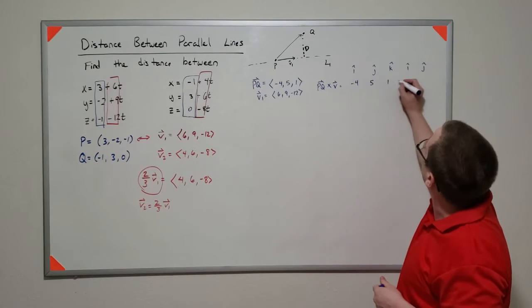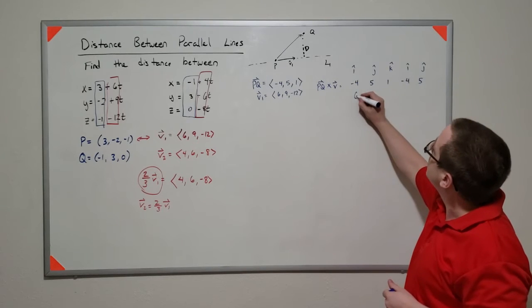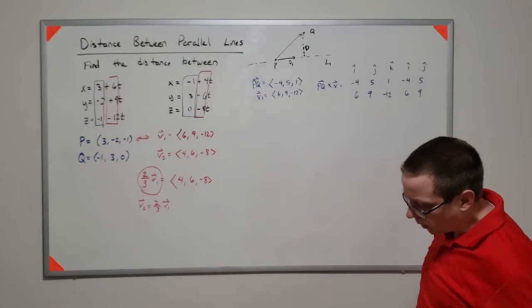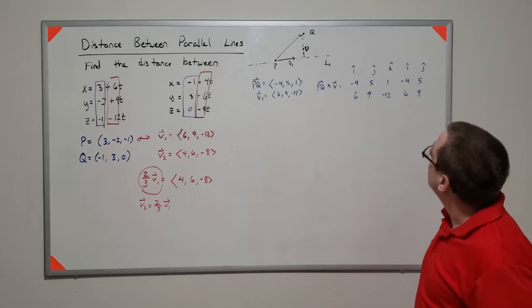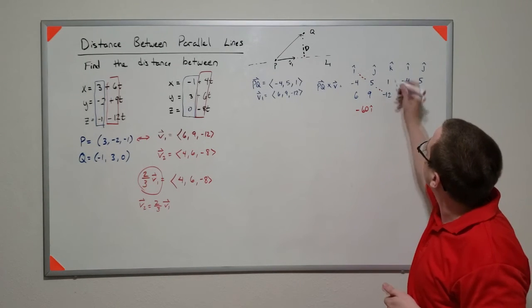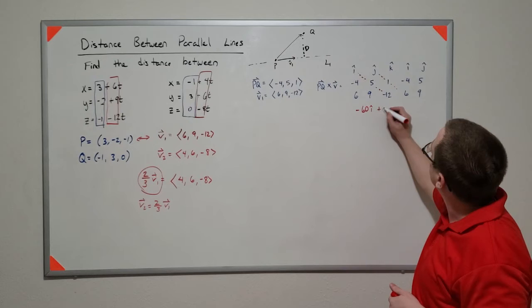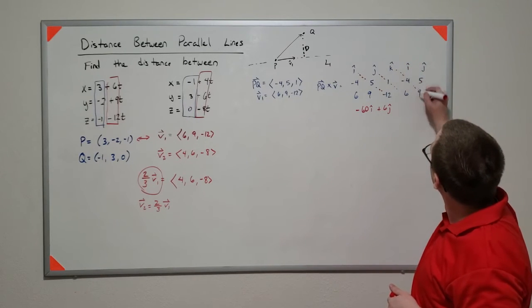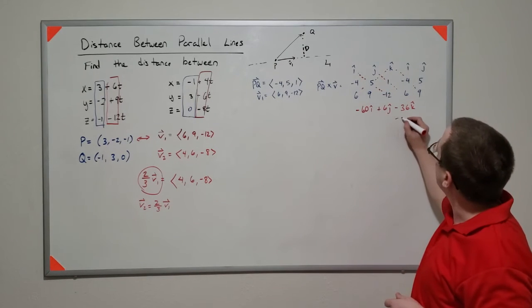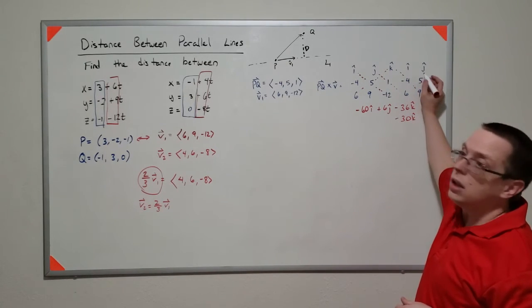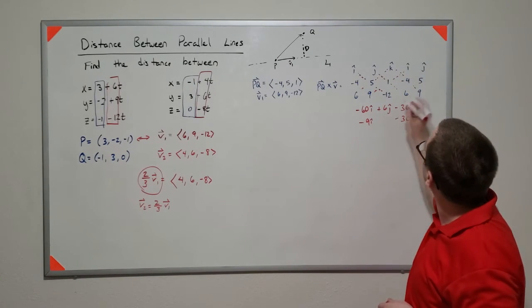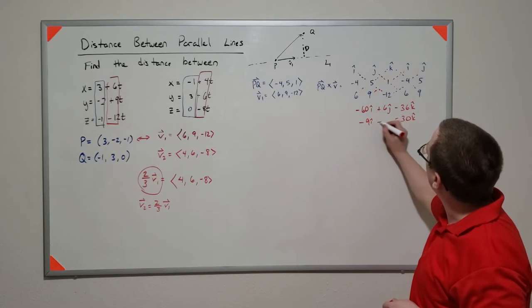And we're going to fill that out. -4, 5, 1, 6, 9, -12, 6, 9. That gives -60i plus 6j minus 36k minus 30k minus 9i minus 48j.